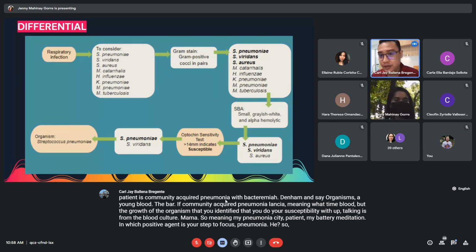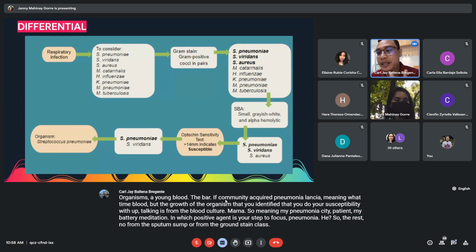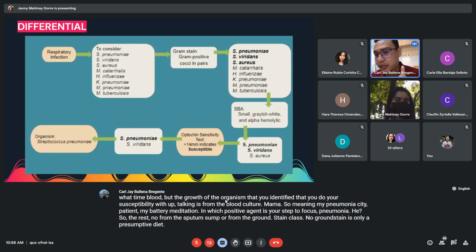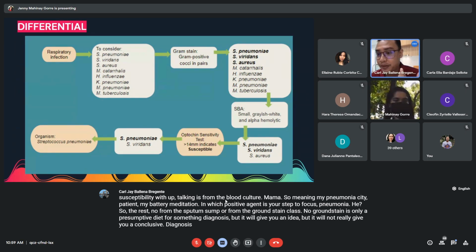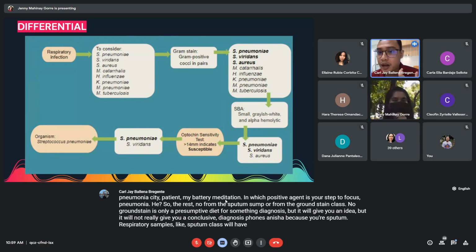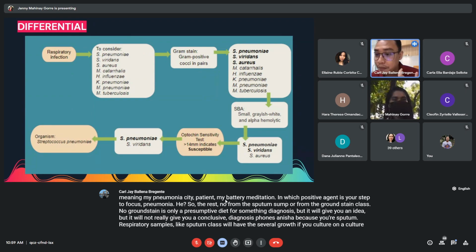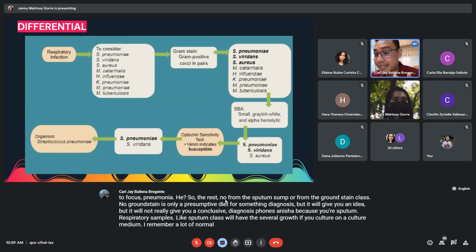So the rest, from the sputum sample or the gram stain, class, gram stain is only a presumptive diagnosis. It will give you an idea, but it will not give you a conclusive diagnosis of what it is. Because respiratory samples like sputum will have several growths once you culture them on a culture medium. Remember, a lot of normal flora is present in our mouth.